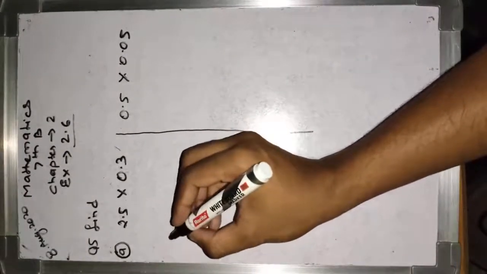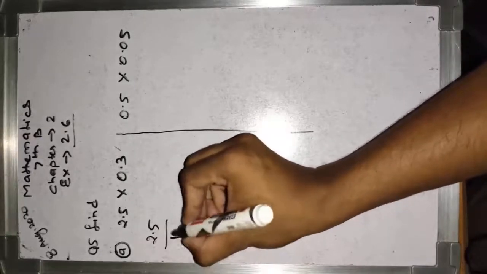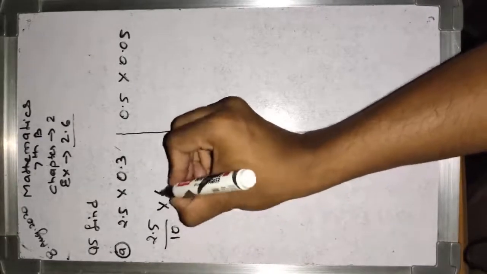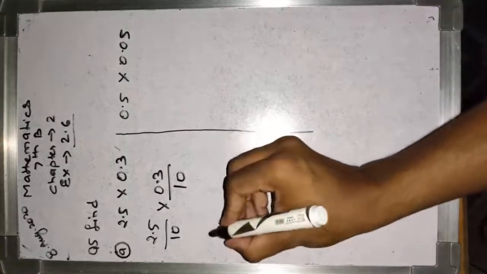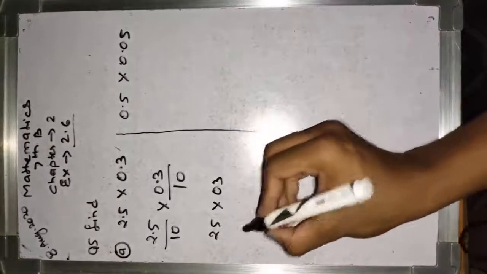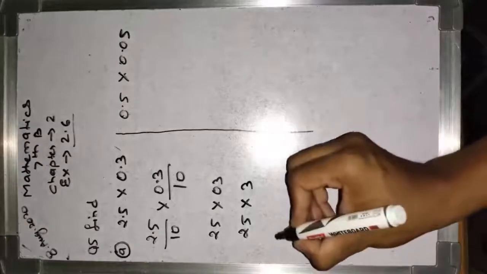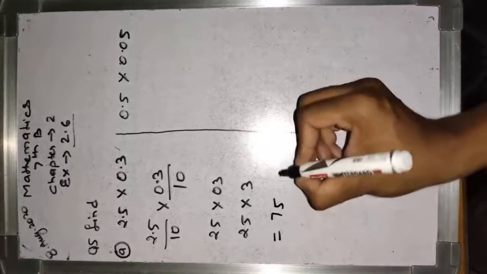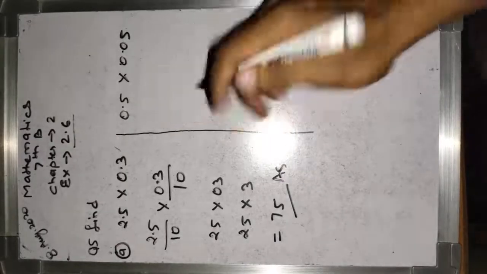So I write 2.5 divided by 10, and again 0.3 divided by 10. So it will become 25 into 3. What is 25 into 3? It is equal to 75. This is your answer.